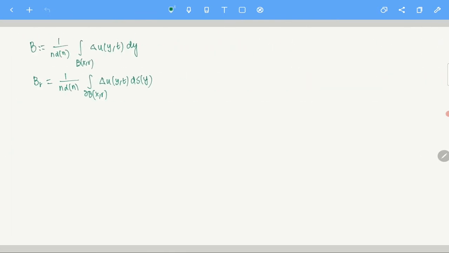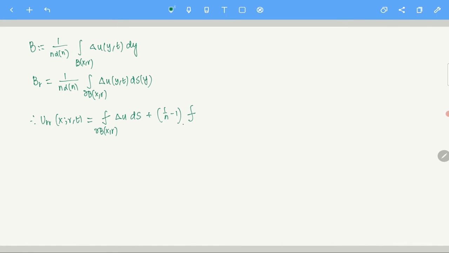Once you put it together, therefore u_rr is equal to the average over the sphere ∂B(x, r) of the Laplacian of u dS, plus 1 by n minus 1 times the integral over B(x, r) of the Laplacian of u dy.